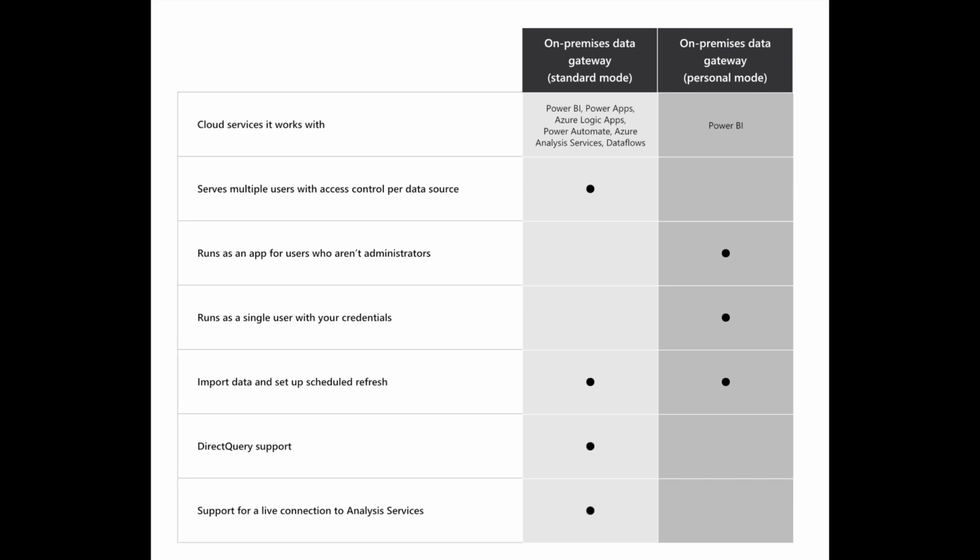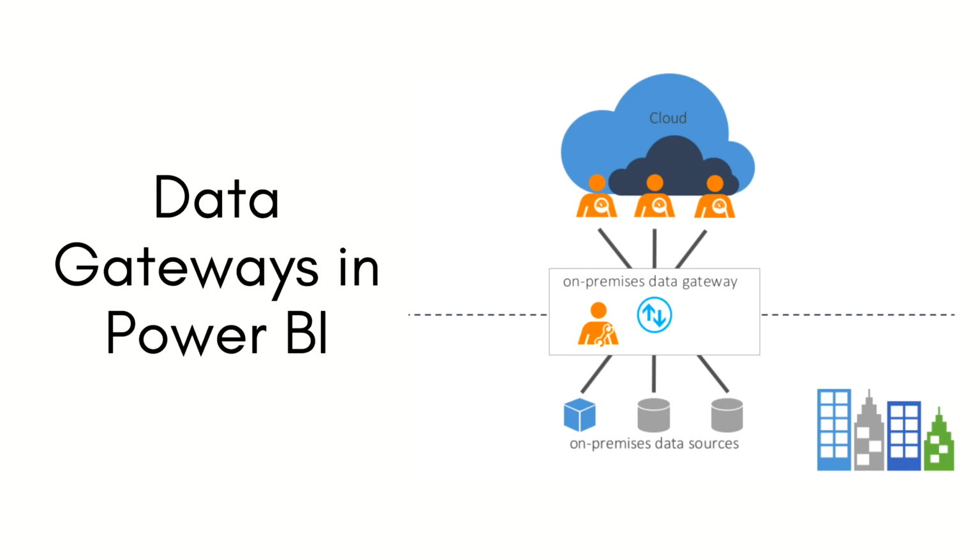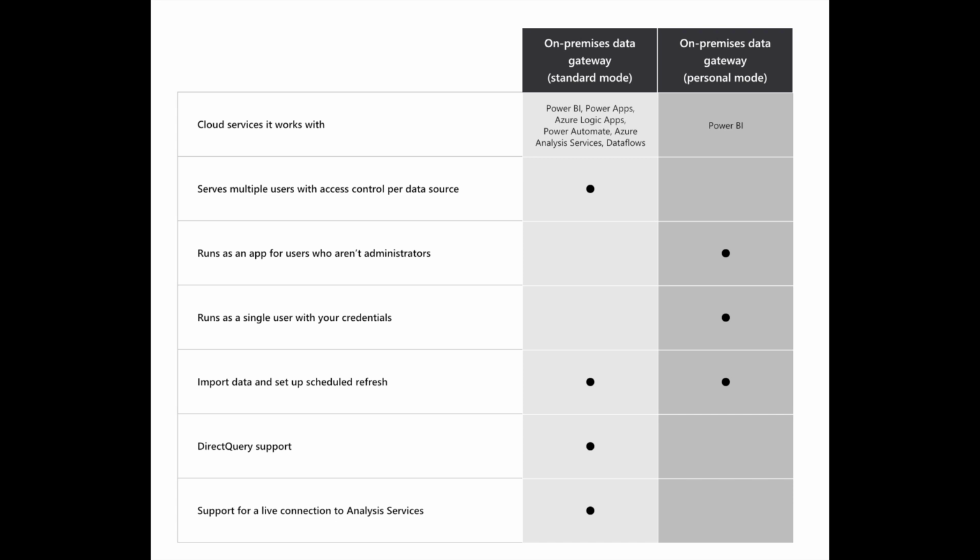That gateway must be installed on the same server as the data source. That means your machine from where you are getting the data, it should be installed on that machine itself. And also it's shared between the users. So in this case, multiple users can manage it. You don't need to depend on just one user.